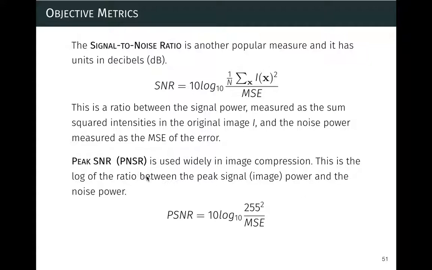And then you have the PSNR, and the PSNR is really what we use all the time. So instead of taking the magnitude of the signal, the pixels, we actually normalize by the maximum value, which we know is 255, okay? And so PSNR is expressed in dBs, and typically if you have, say, 40 dB, that means you almost have no difference.